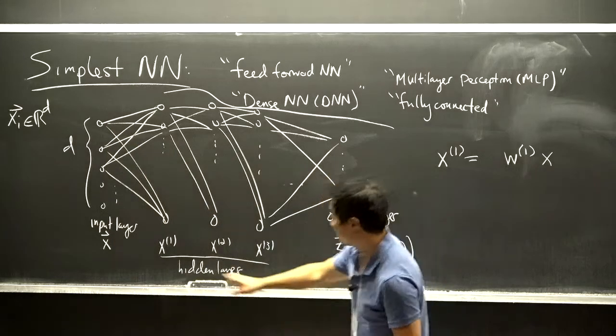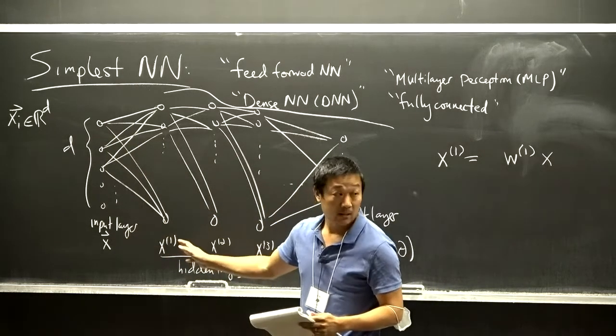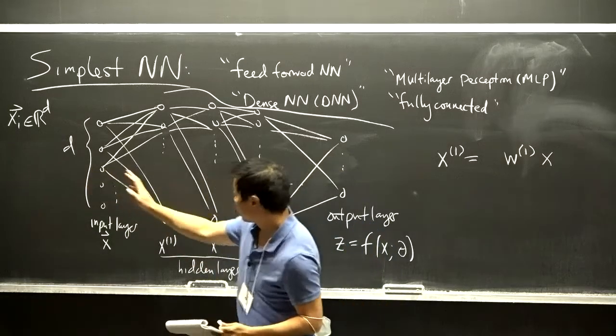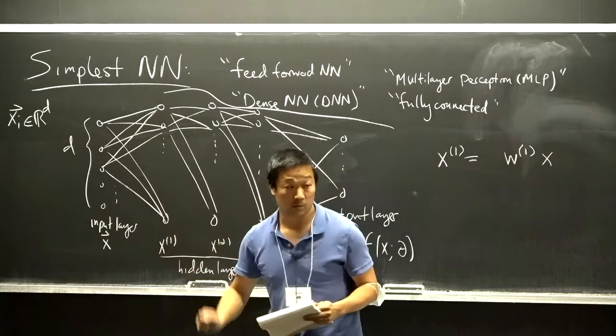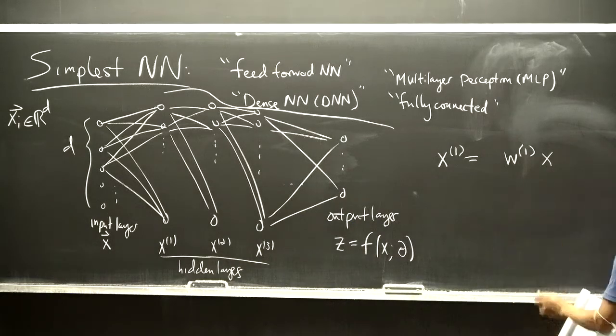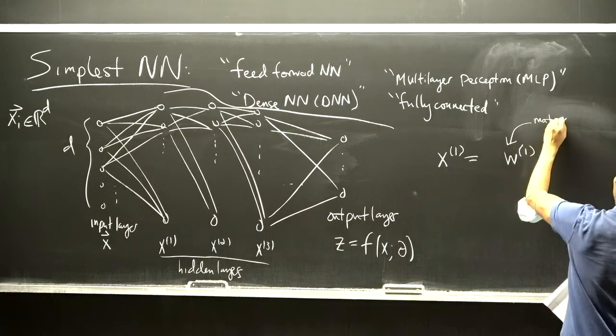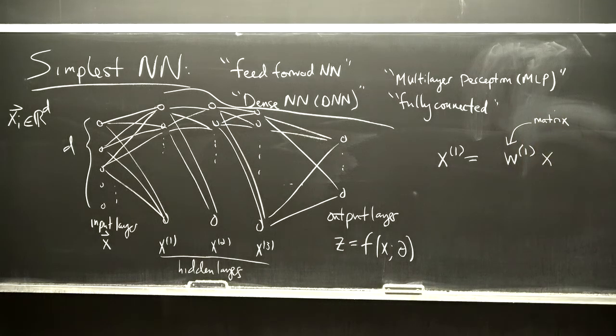Just think of these as column vectors that might live in different dimensional spaces. Let's say this is d-dimensional, and this has its own dimension, which we're going to choose at some point. So this is a big matrix which multiplies this column vector.